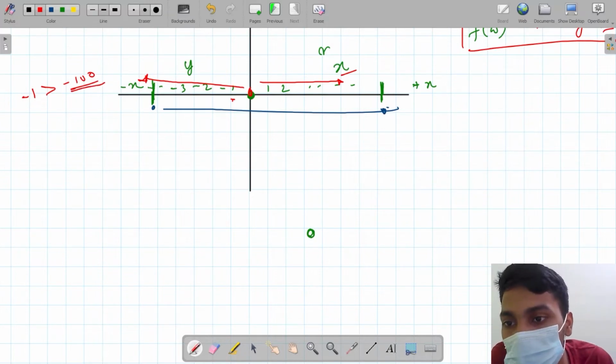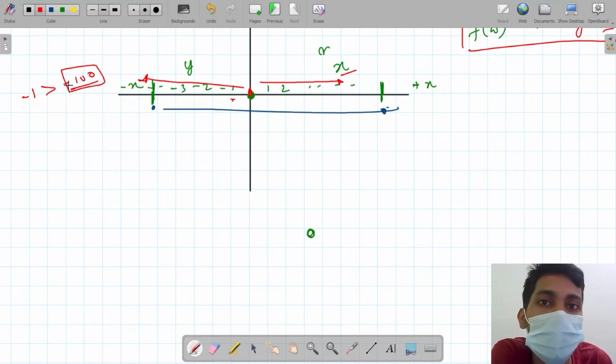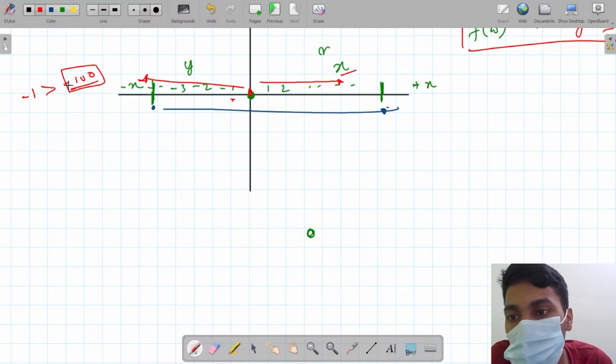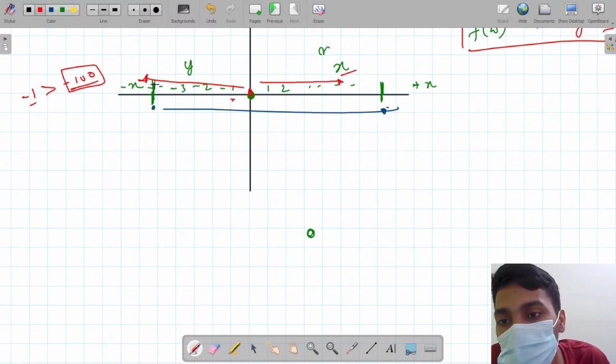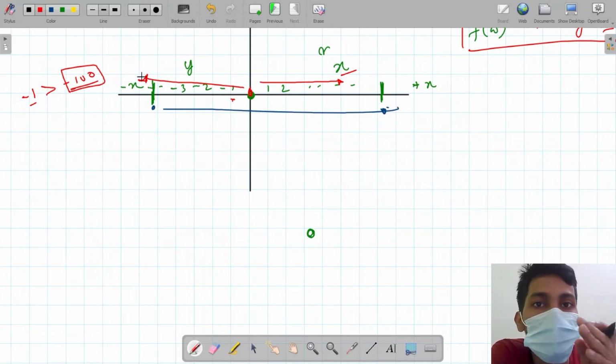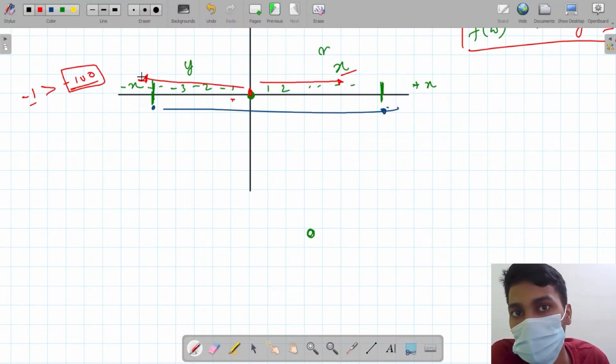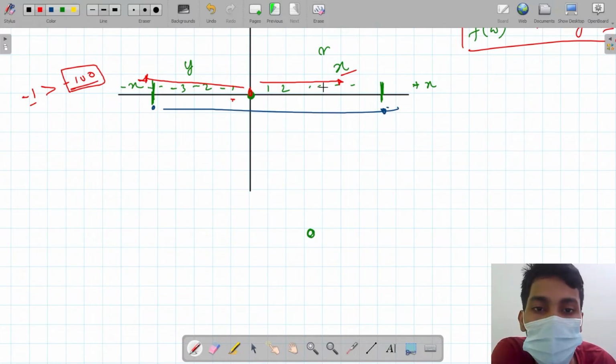In mathematics, minus 100 is smaller than minus 1. Therefore we have to reach the lowest point in the horizontal level on the left side, and similarly on the right side we have to reach the maximum level.